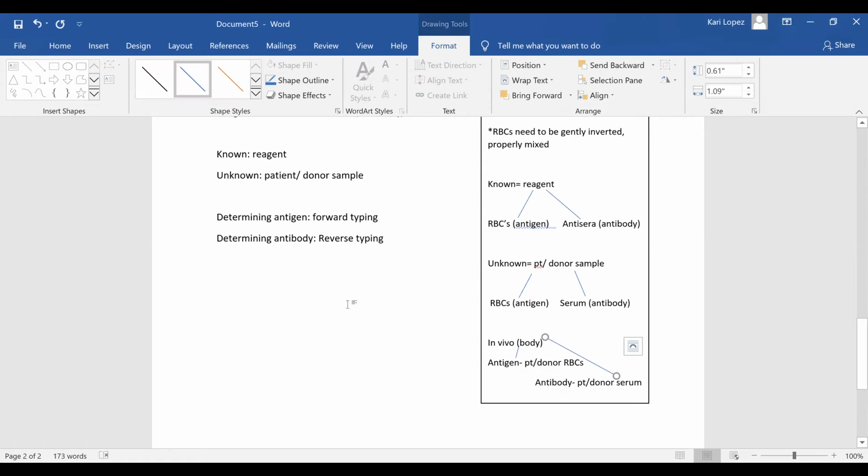And if you wanted to make another chart for in vitro, the reason I didn't is because in vitro you're going to use both. You're going to use antigen from both patient or donor red blood cells and reagent red blood cells, and you're going to use patient and donor serum and reagent anti-serum.